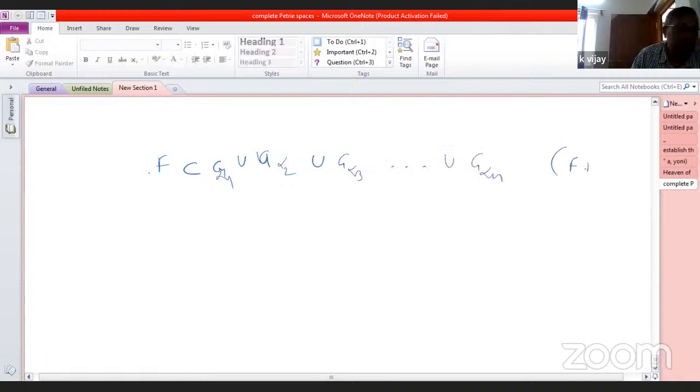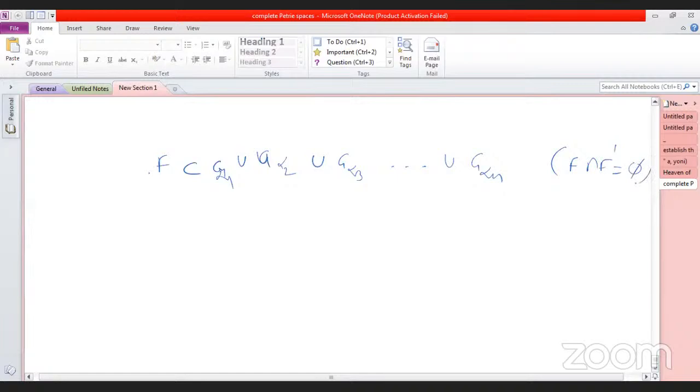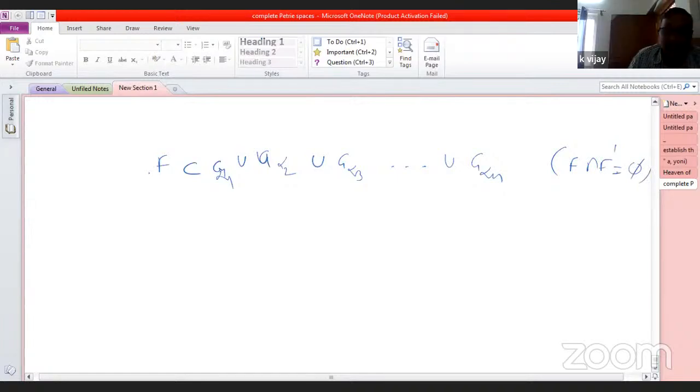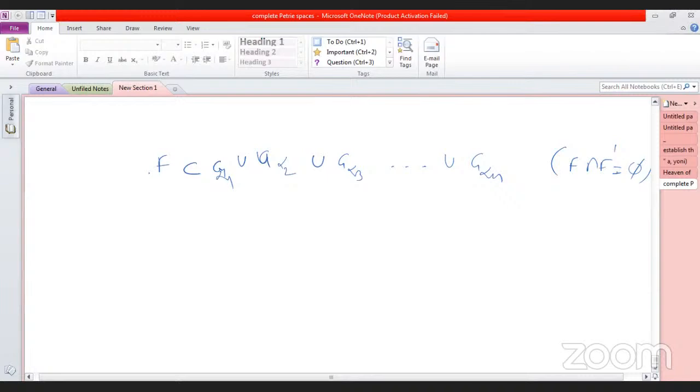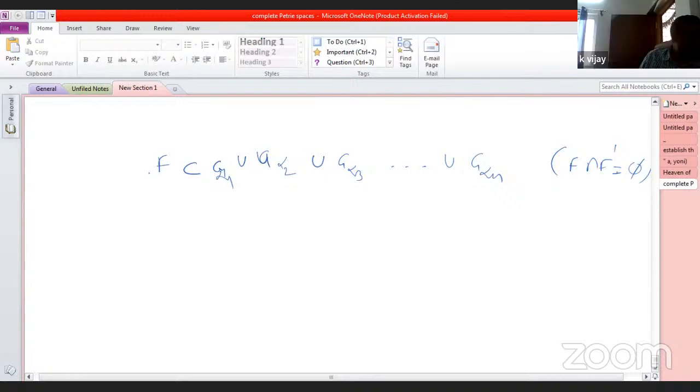So therefore F intersection F dash, is it 0 or pi? pi. It is a compact subset of X or not? When that happens, it becomes a compact subset, right? Yes sir, it becomes a compact set. A compact set subset becomes compact.